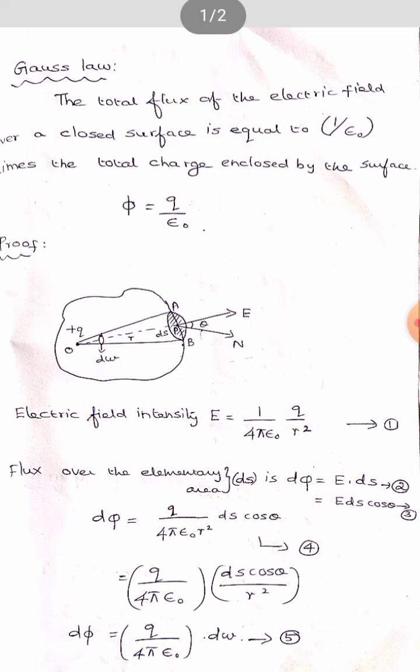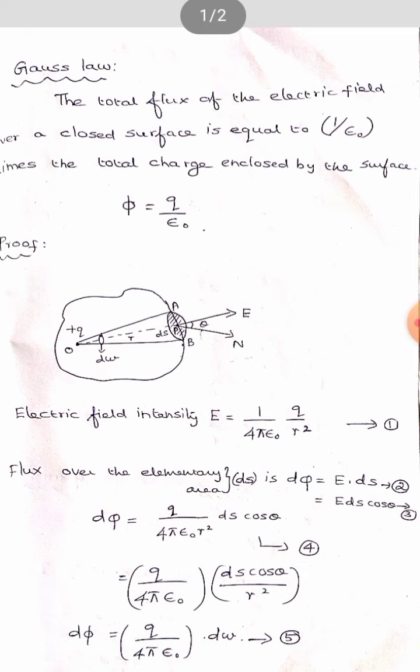And ds is the elementary surface. Next, n is the normal line drawn from the point P, and theta is the angle that exists between the electric field and the normal, and r is the distance between the origin O and point P. Then at the origin O, a positive charge exists, which is denoted as plus q.